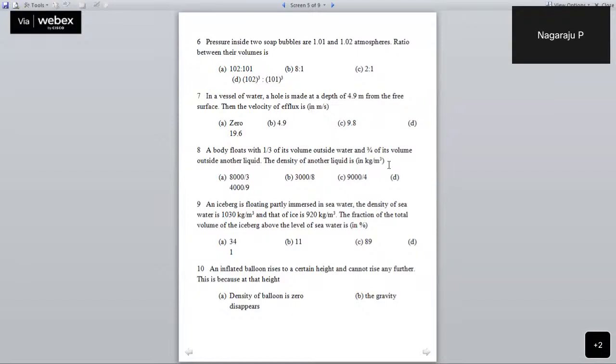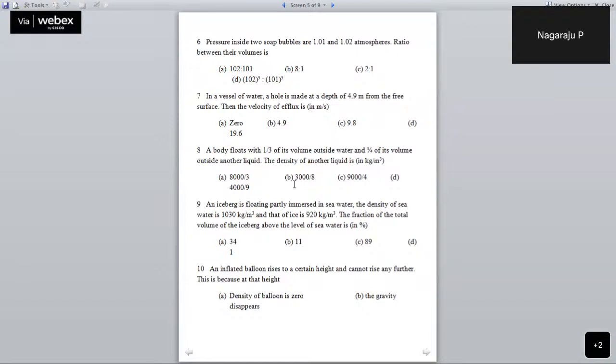The other one is 3 by 4 outside, so it becomes 1 by 4 immersed. Floats with 1 by 3 outside means remaining is 2 by 3 here. And here it is 3 by 4 outside means remaining is 1 by 4. You equate the two, that is 2 by 3 V rho g is equal to 1 by 4 V rho dash g, and rho dash is nothing but 8 by 3 rho. Rho is 1000, and thus you get the first option, that is 8000 by 3.